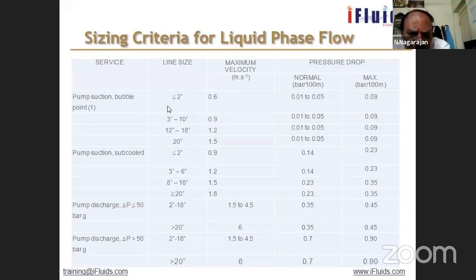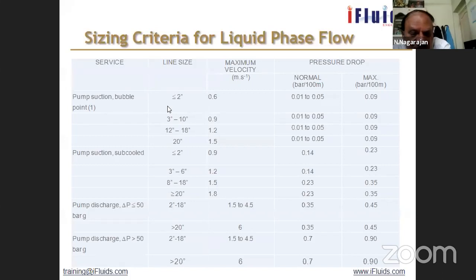Pump discharge, we can go up to 1.5 to 4.5 meters per second, up to a certain size range. If you have a pipe size greater than 20 inch, which is a big pipe, we can go up to a maximum of 6 meters per second. Normally when we size the piping for a new plant, we keep something like 3 to 3.5 meters per second.